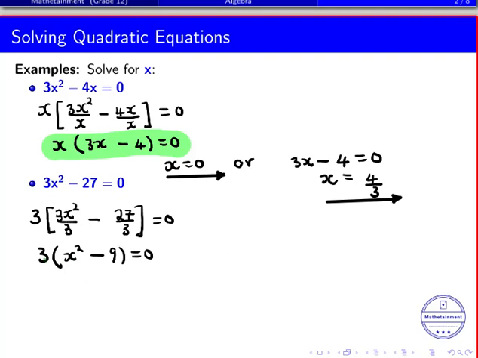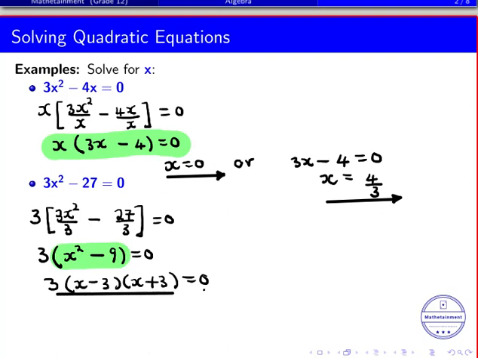Well, we can still do something with that factor, which is x squared minus 9. That factor is called the difference of two squares. So we have 3 into x minus 3, x plus 3, equal to 0. Well, this is an equation, so we are allowed to divide on both sides by 3.